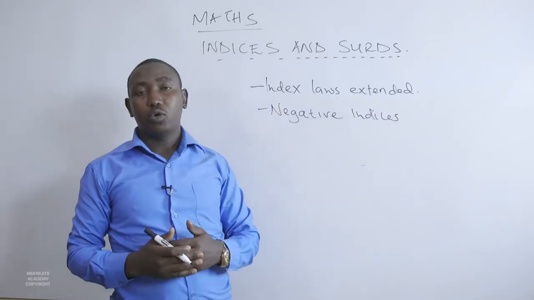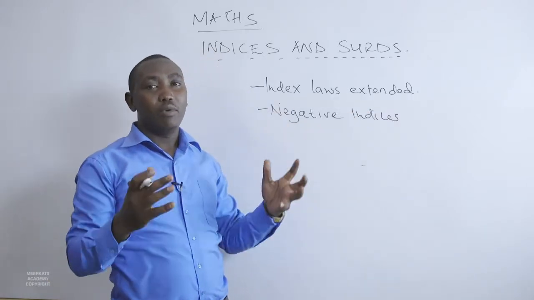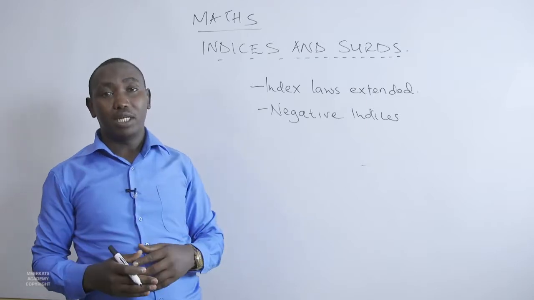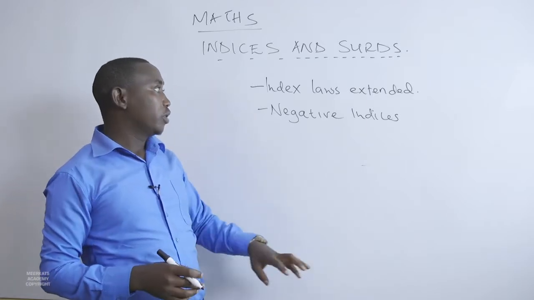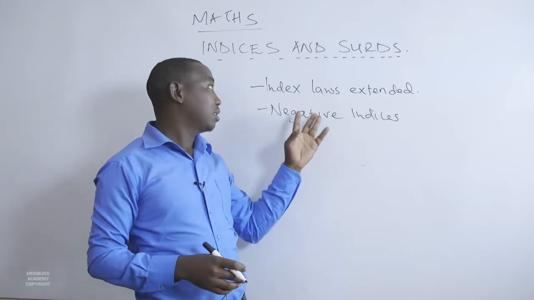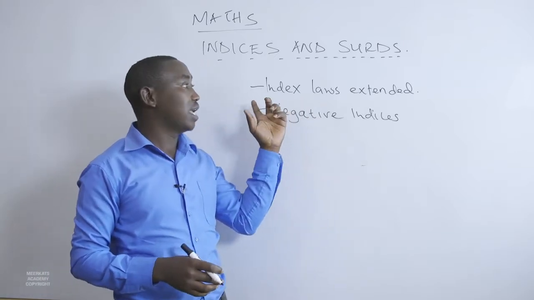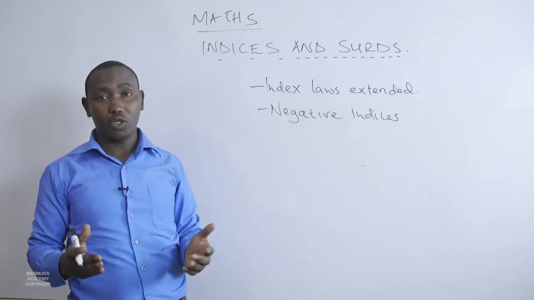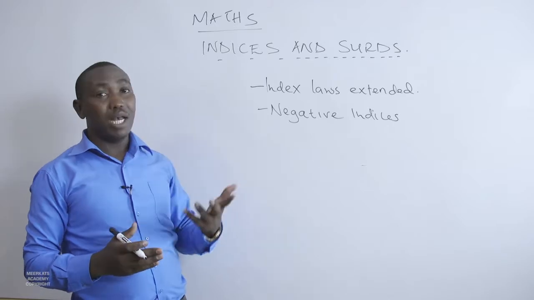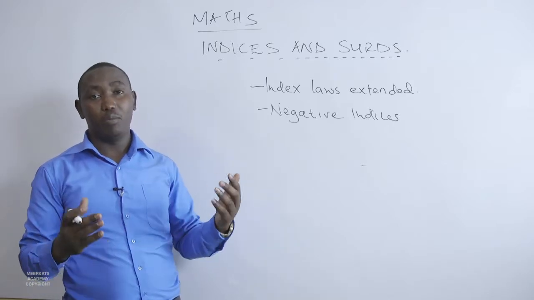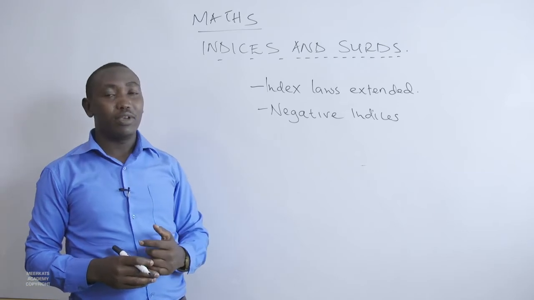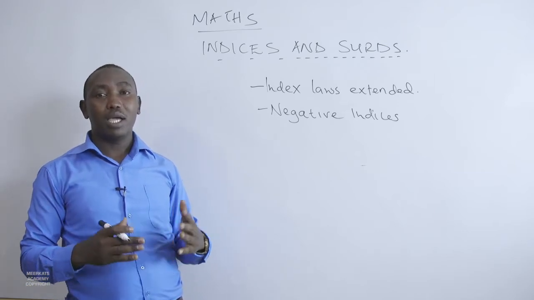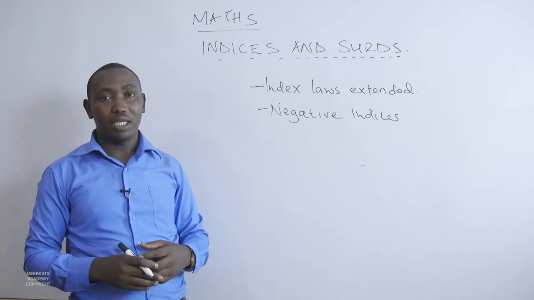These are the two concepts under the broader topic on numbers and algebra, that is, indices and surds. The first aspect is the index laws, which is an extension or build-up of what we covered in our previous lesson. Then we have the negative indices, which we shall introduce and discuss.